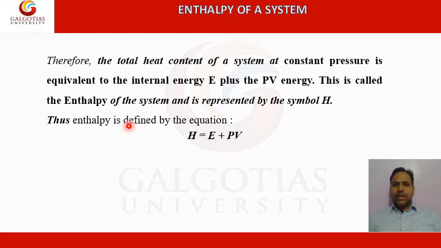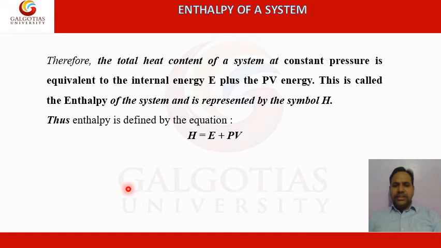This is called the enthalpy of the system and is represented by the symbol H. Thus enthalpy is defined by this equation: H is equal to E plus PV. Enthalpy is a property of a thermodynamic system defined as the sum of the system's internal energy and the product of its pressure and volume.